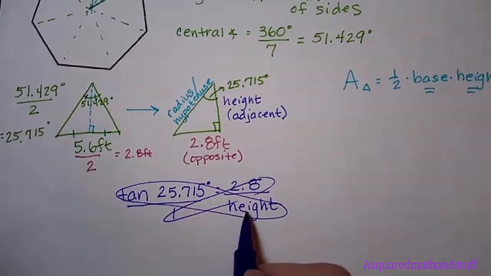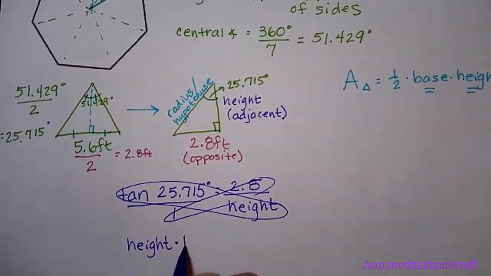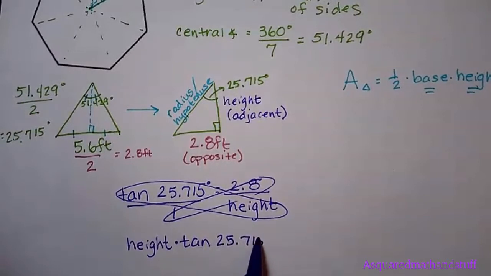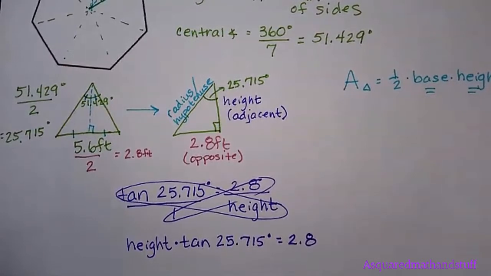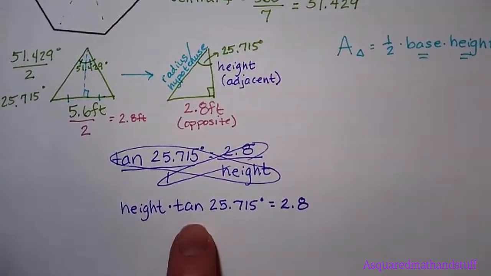And then we end up with the height times tangent of 25.715 degrees is equal to 2.8. We still need to get the height by itself, so it's being multiplied by tangent.